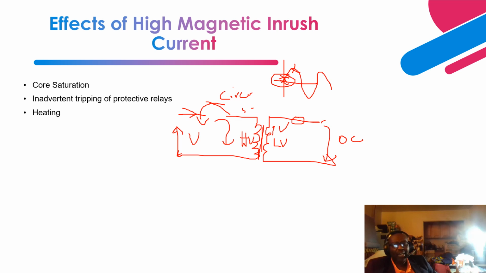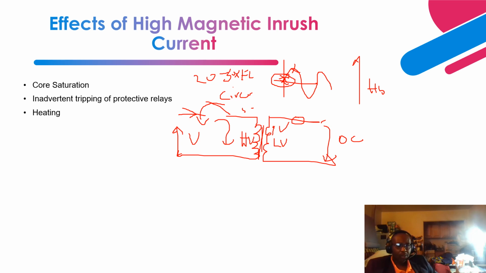Once you energize it, there's going to be a very high peak magnetic inrush current, let's say 20 to 30 times the full load current of the high voltage side.